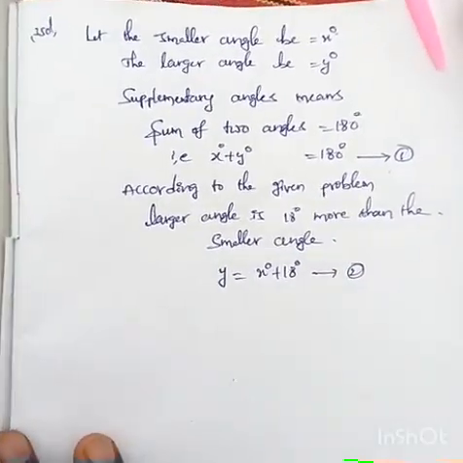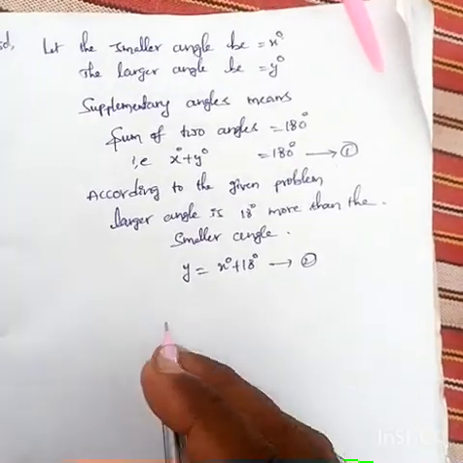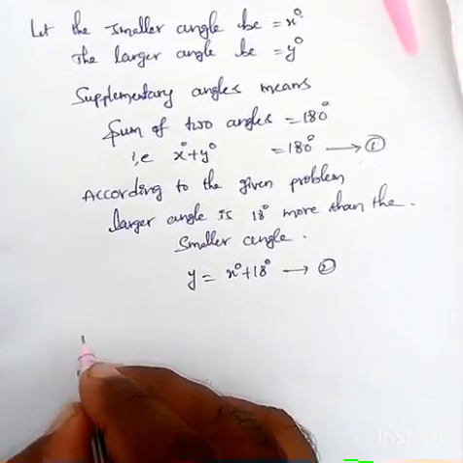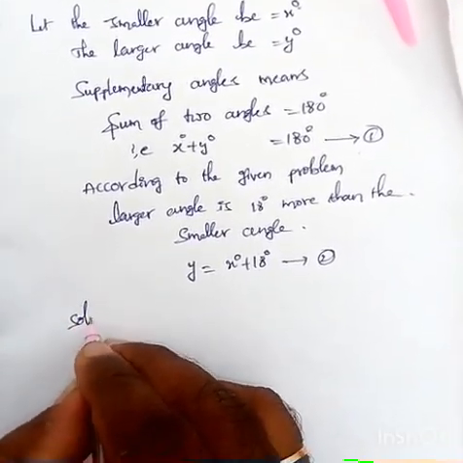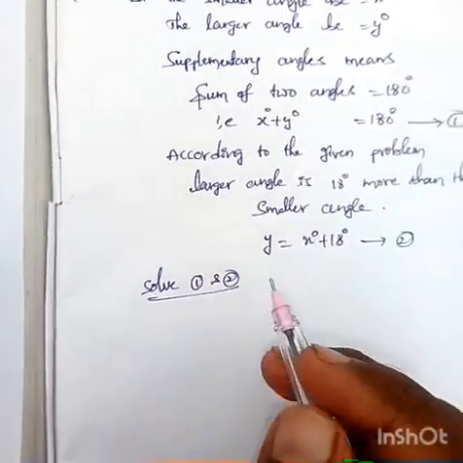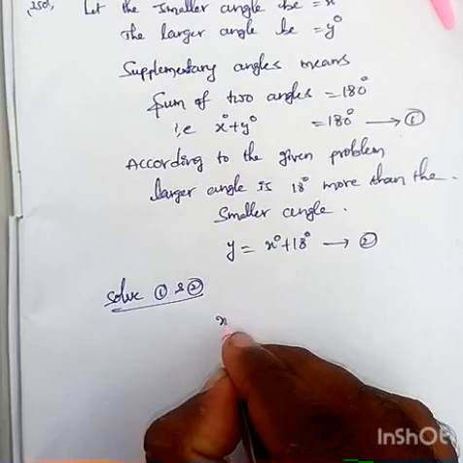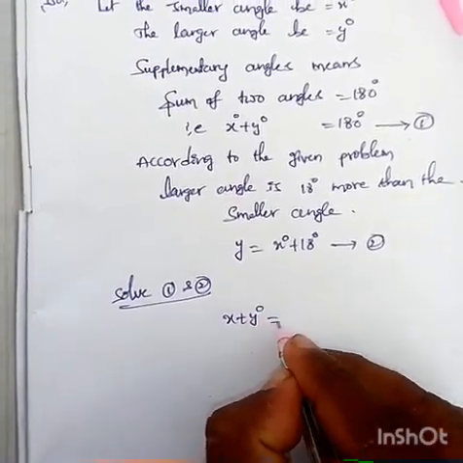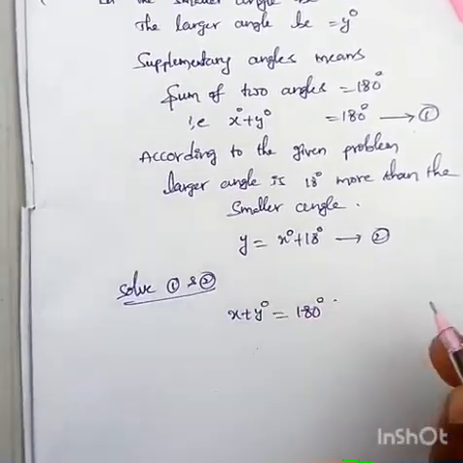Now solve equation 1 and equation 2. Equation 1 is x plus y degrees is equal to 180 degrees.